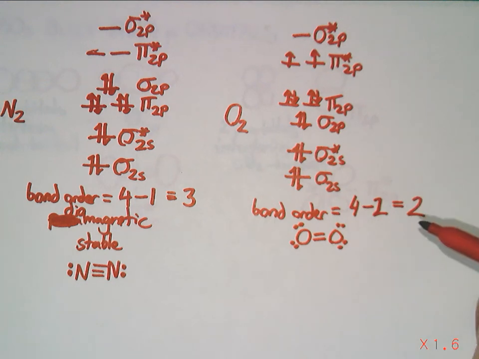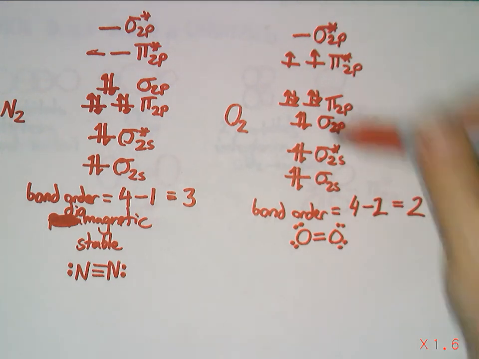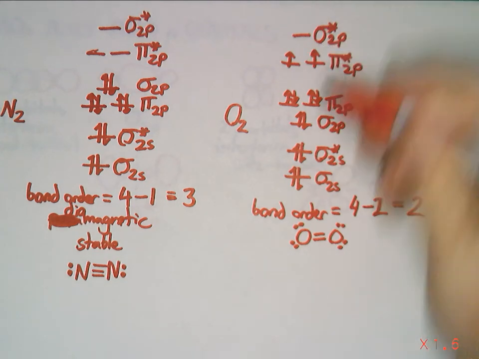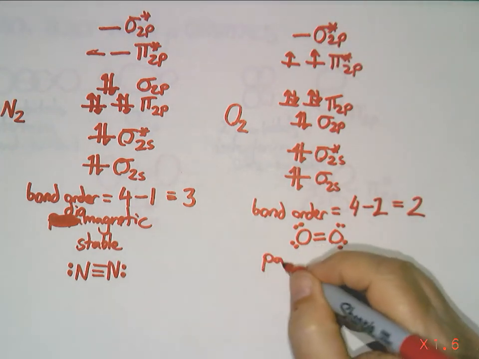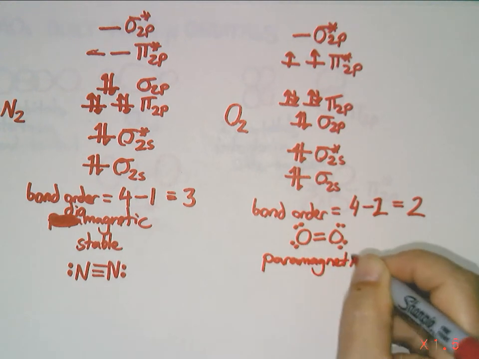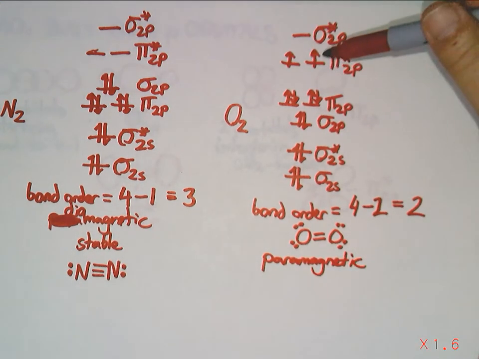How about the magnetic properties of this? Is it paramagnetic or is it diamagnetic? Now in this case you have unpaired spins, in fact 2 of them, and that means it's going to be paramagnetic. Now, when you have an unpaired spin, that's like a free radical. We said that those are very reactive.